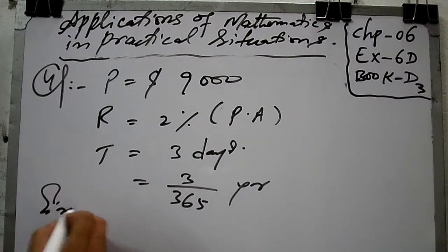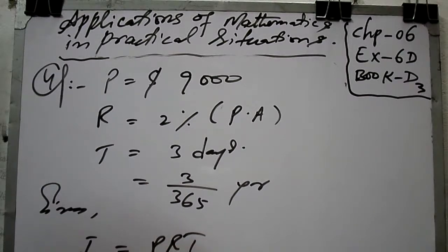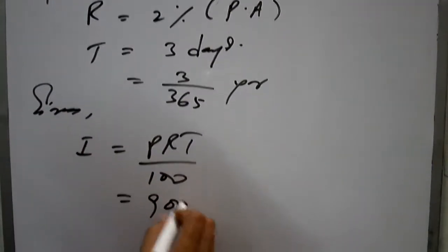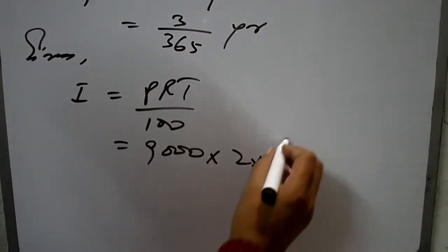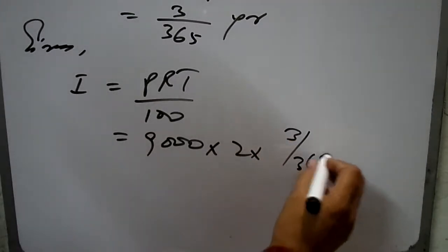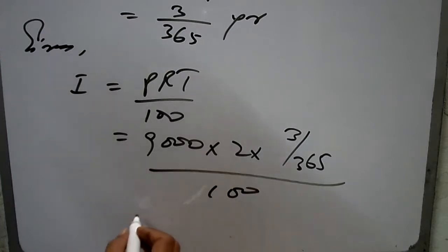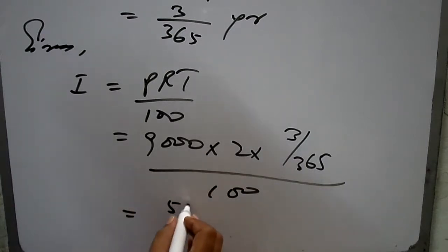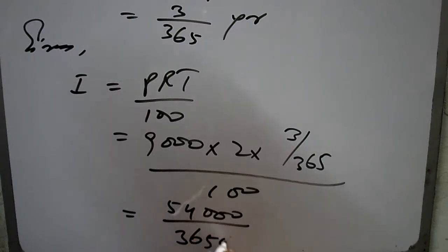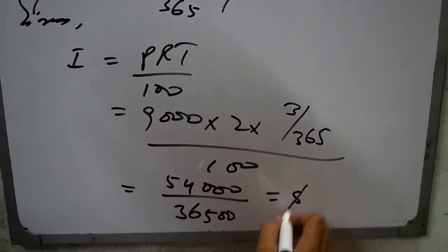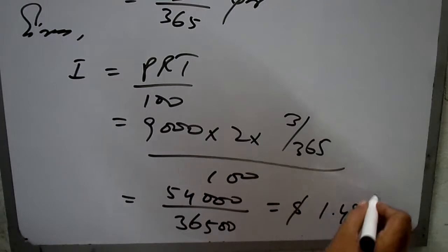So since we have the formula that interest is equal to PRT divided by 100, putting the values, 3 divided by 365, by simplification you will get 54 over 36500. So the result is $1.48.